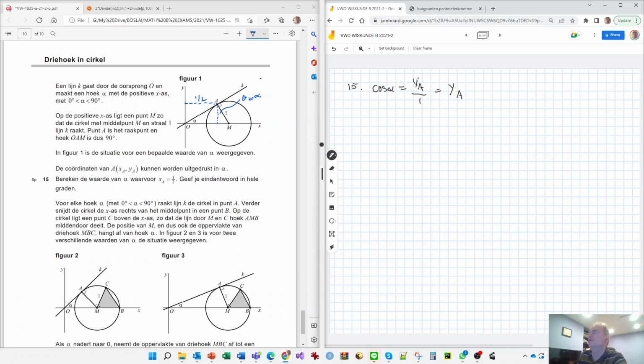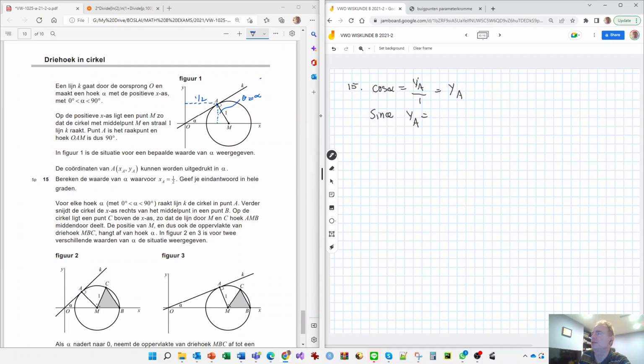So we also know this has to be on this line. Since ya has to be, this is the line K, it has a slope, the tangent of alpha.